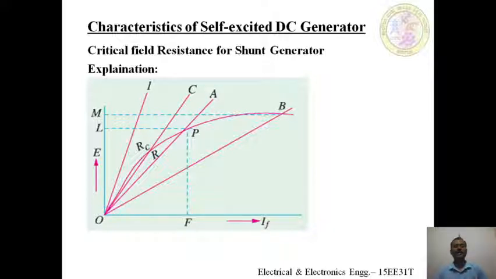That current again strengthens the field flux, which increases the induced EMF, and hence the field current increases. This reinforcement of induced EMF and field current will continue till some equilibrium is reached at some point T on the OCC.